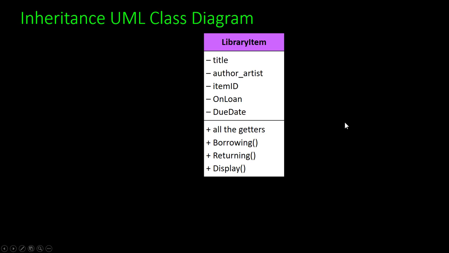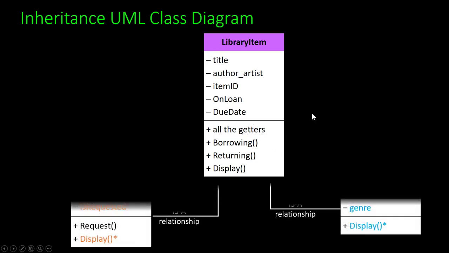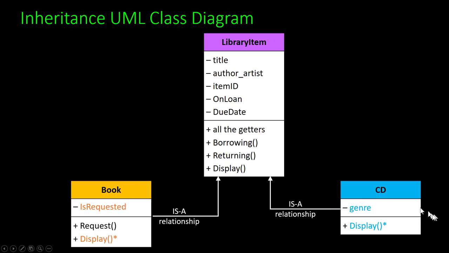Now, in the case of our library, we have the library item as the superclass. So these are the common attributes and common methods. I have also included all the getters. Now then we have the subclasses that are inheriting from the parent class.